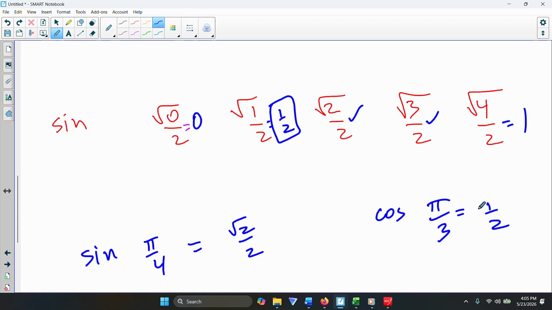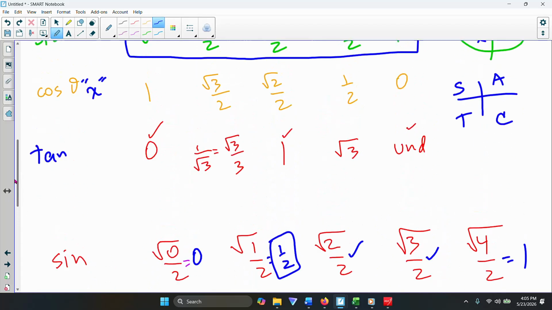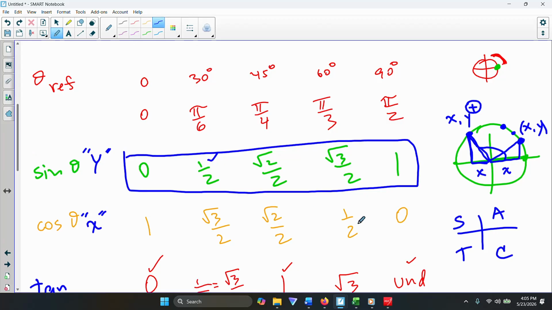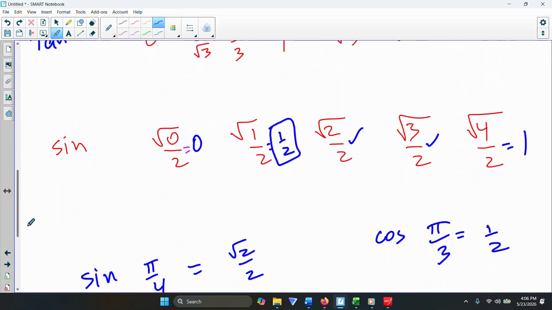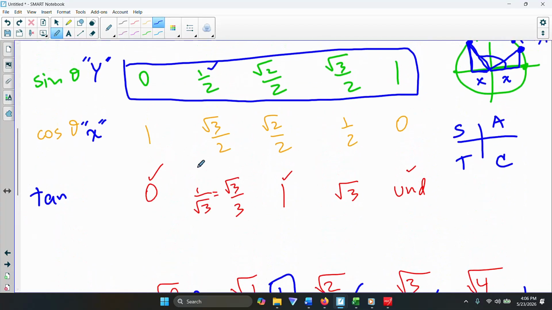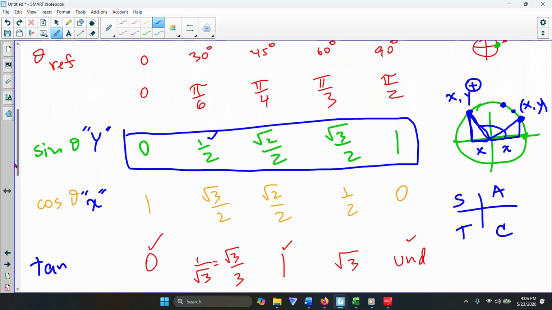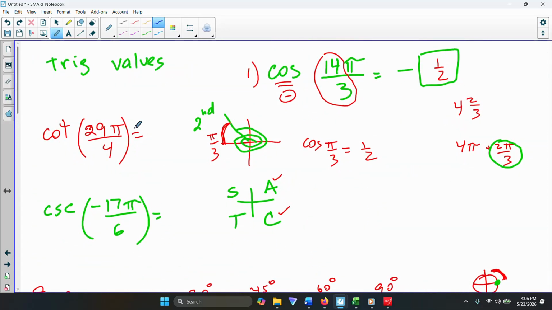Yeah, 1/2. It's this right here, pi over 3, 1/2. I had to think about it only because I'm mentally switching them, crisscrossing.